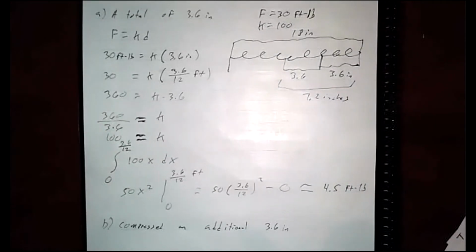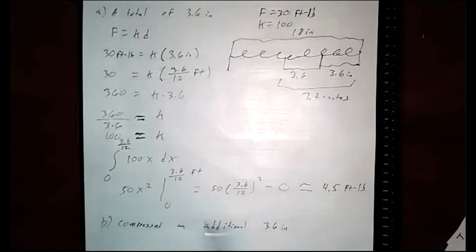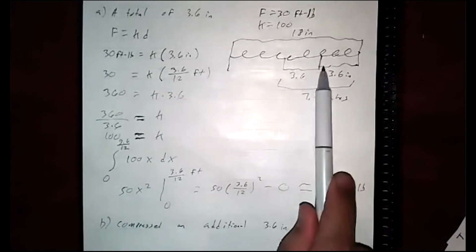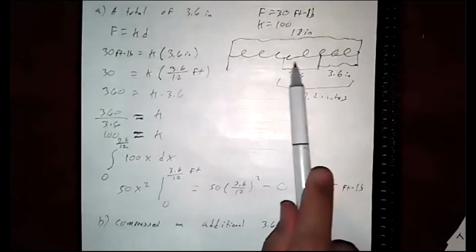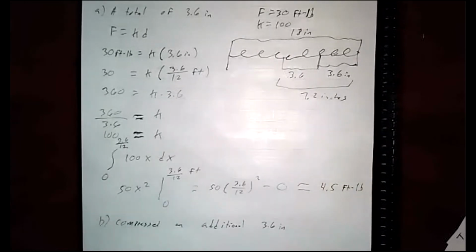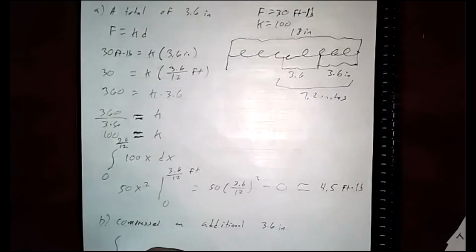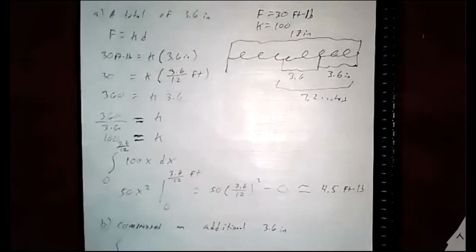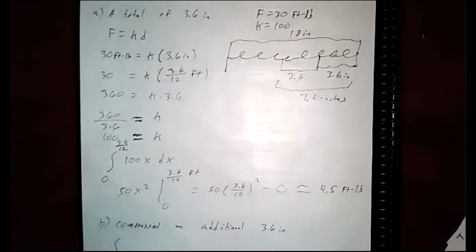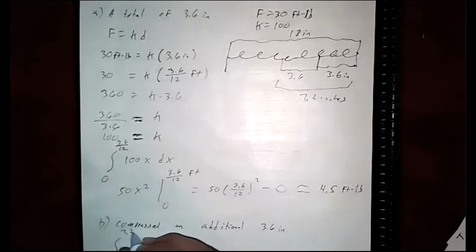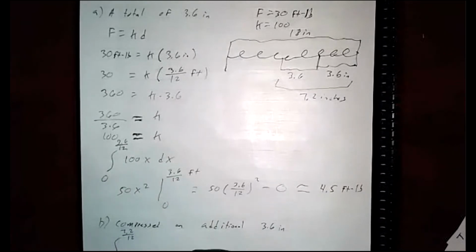So we're going to integrate from, so they're compressing it a little bit more, right? So we're starting here and we're compressing further. So the integral would be 3.6 over 12 all the way until 7.2 over 12.